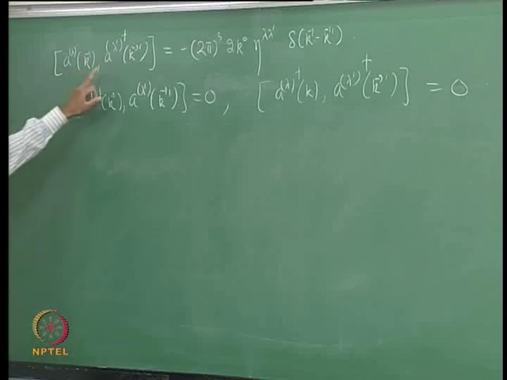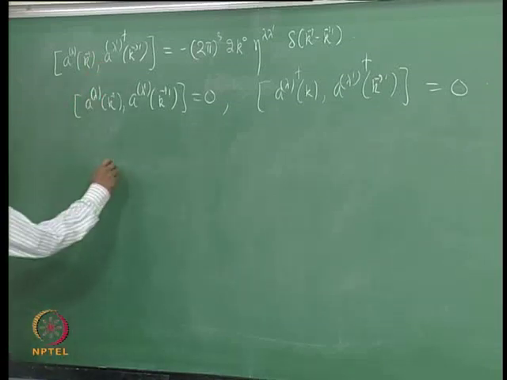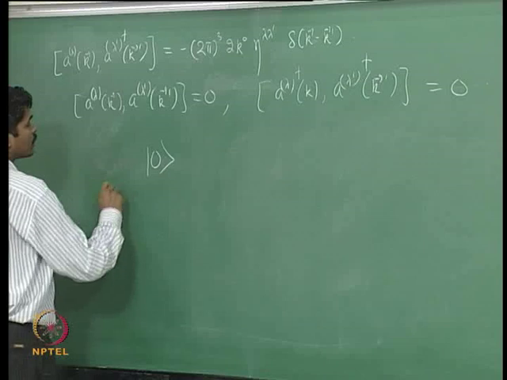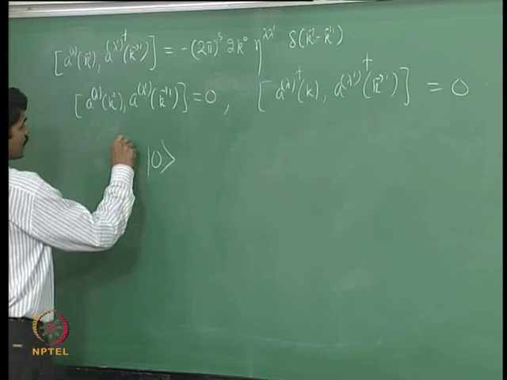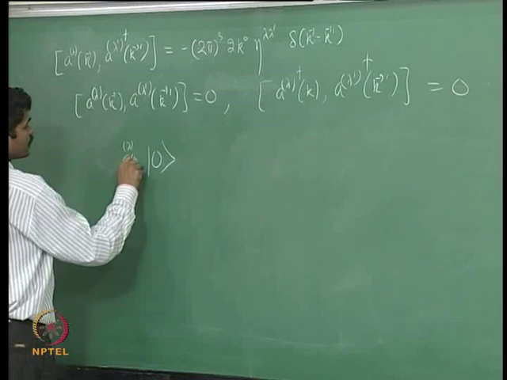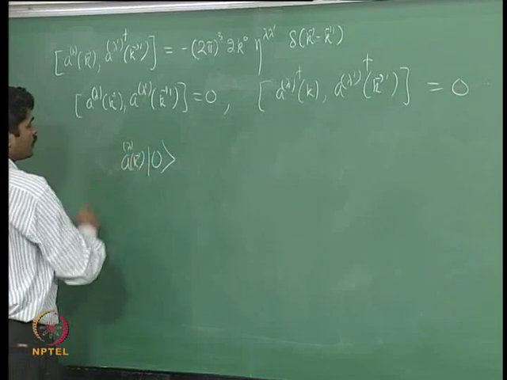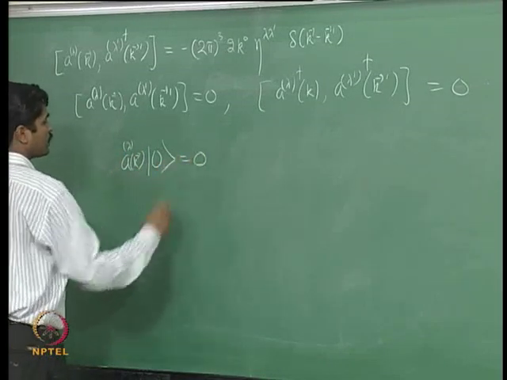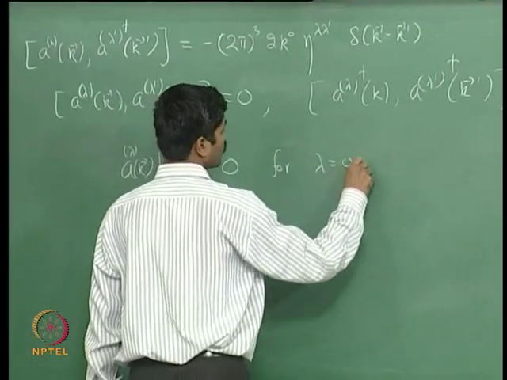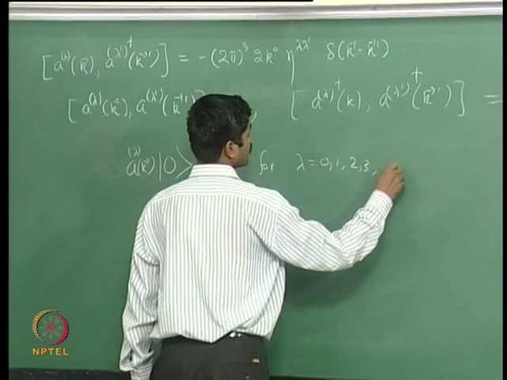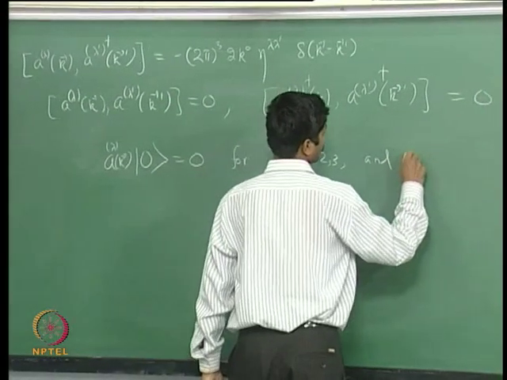So you can again interpret these A's to be the annihilation operators, A daggers to be the creation operators. You can define the vacuum to be the one which is annihilated by A lambda k for lambda equal to 0, 1, 2, 3, and for all k.